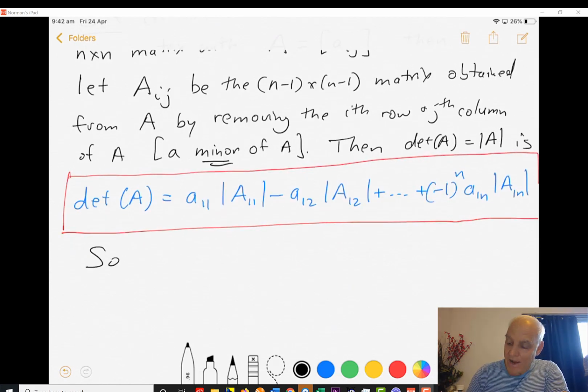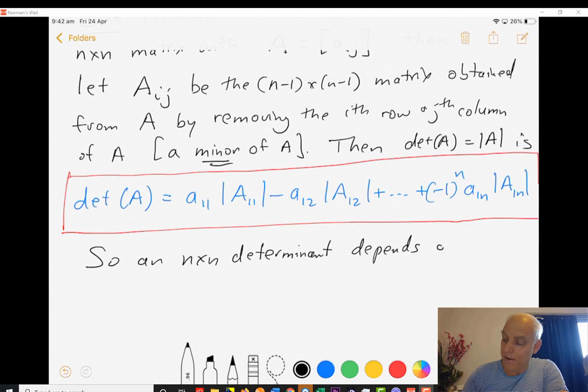So an n by n determinant depends on n minus 1 by n minus 1 determinants.